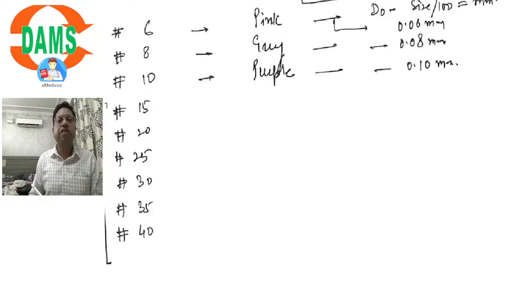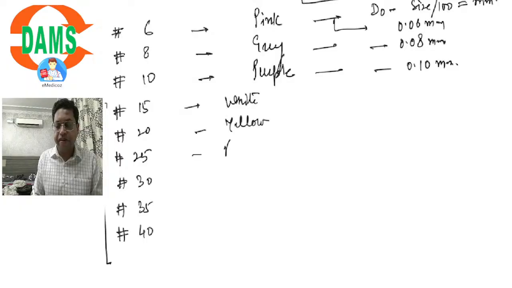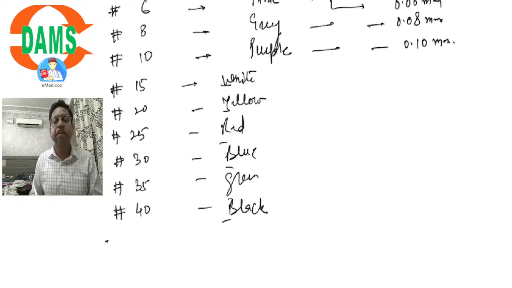These are the standard instruments starting from 15, and there's an increment of 5 in each subsequent size. The colors are white, yellow, red, blue, green, and black. These are the 6 standard colors that keep on repeating cyclically: white, yellow, red, blue, green, and black.